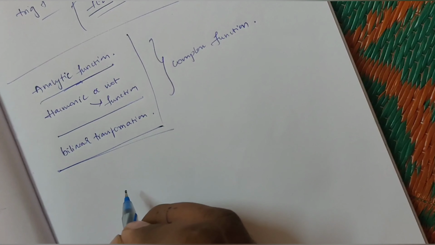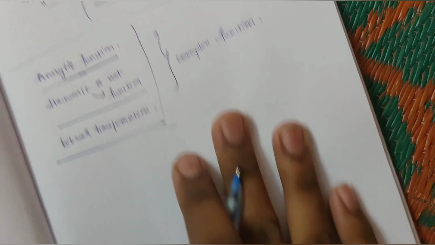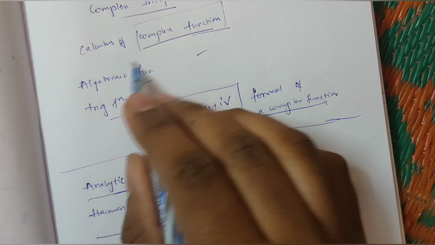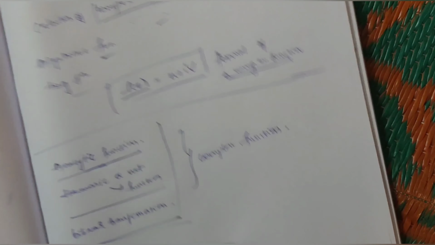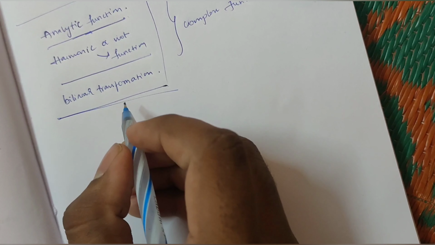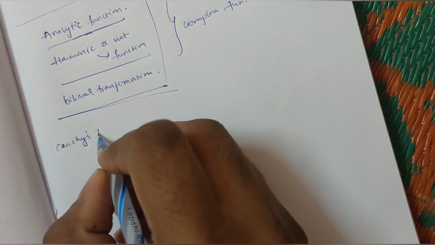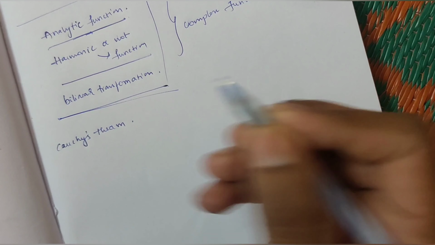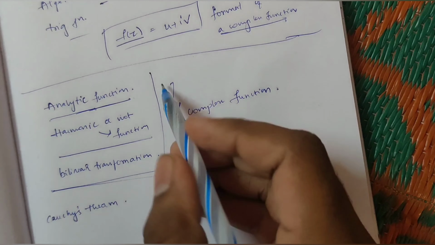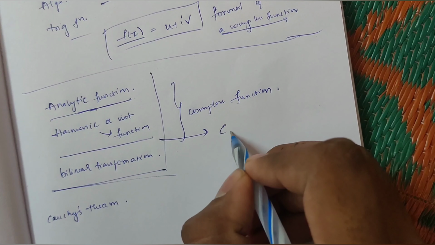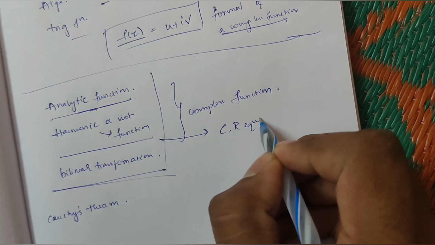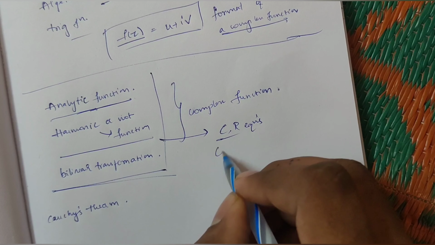Now I will write the topics which are important for calculus of a complex function. Okay, now we go with Cauchy's theorem, and the main thing I forgot in complex integration is CR equations. So what is CR?